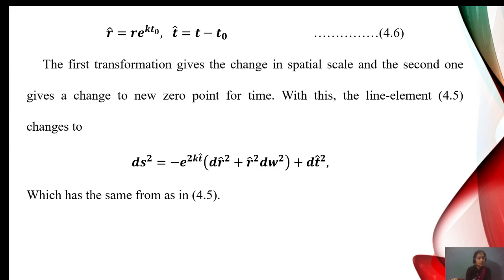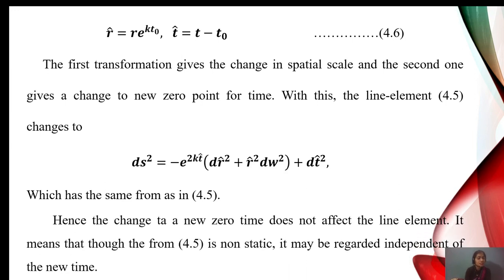With these changes, ds square equals minus e to the power 2kt dr square plus r square dw square plus dt square. Comparing these two equations, a new zero of time does not affect the line element. It means that the form of 4.5 is non-static.